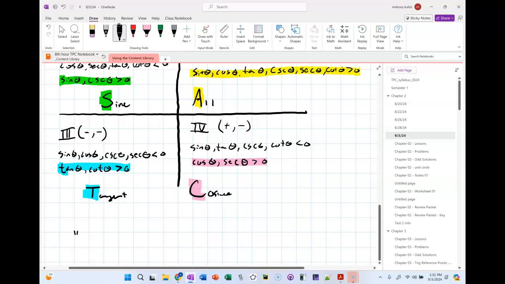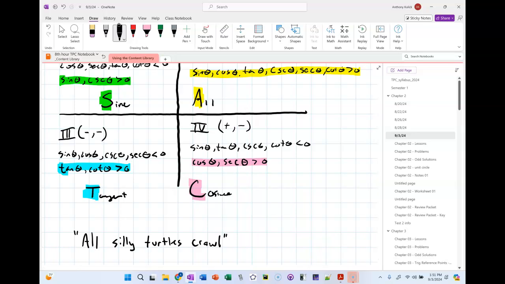So the way that I remember that, well, the way that they taught me back when I was your age, is we use the mnemonic "All Silly Turtles Crawl."